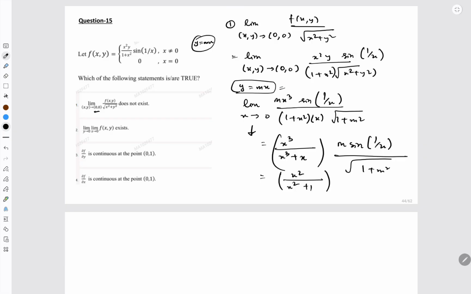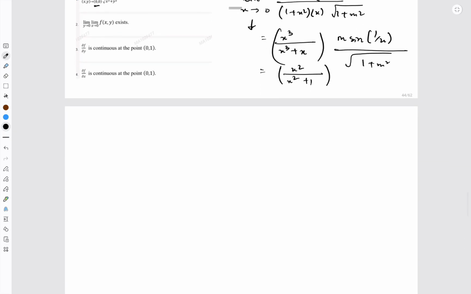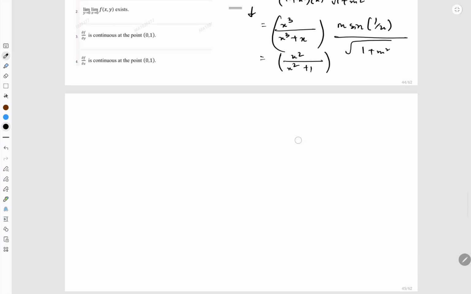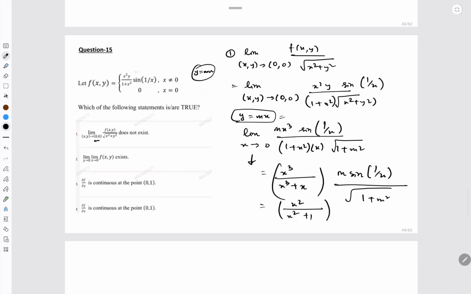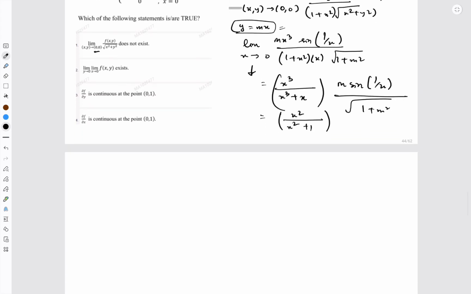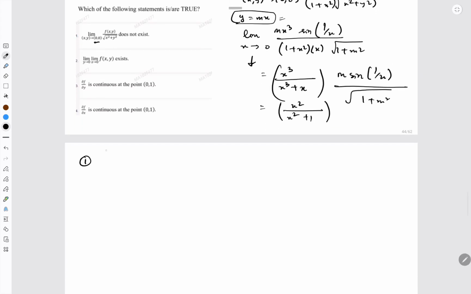Just like we use counter examples to disprove something, but to prove something you need to prove it for every value. So that is the absolute method, and for this we will need the polar coordinates.